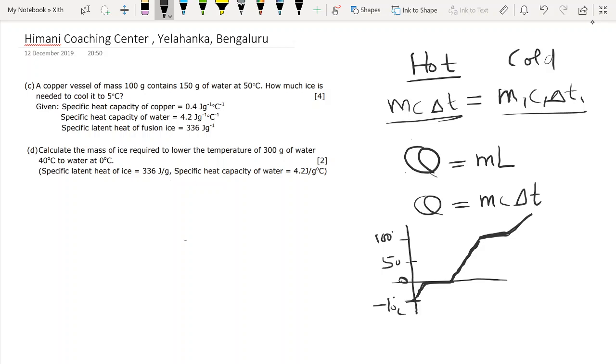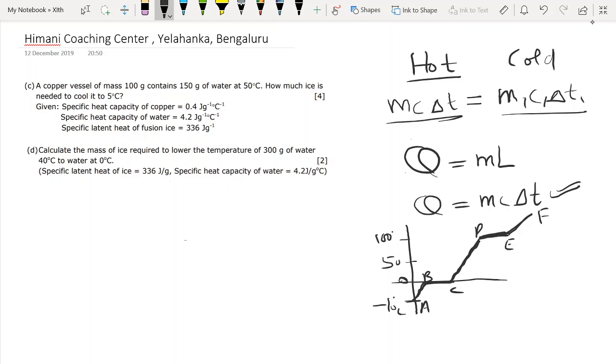If I name the points A, B, C, D, E and F, then between A-B, C-D and E-F, heat is given by Q equals mc delta T, where we take specific heat capacity of ice in case of AB, water in case of CD, and steam in case of EF.